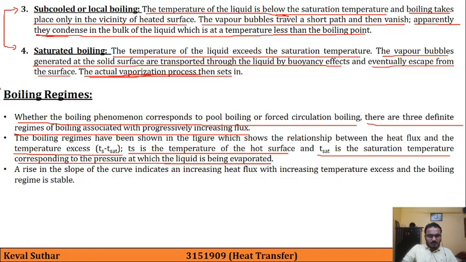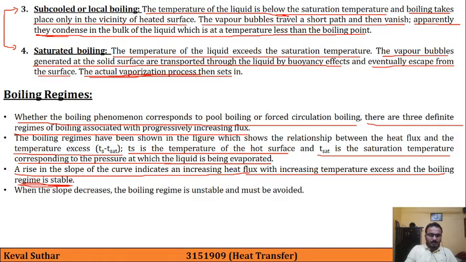A rise in the slope indicates increasing heat flux with increase in the temperature excess, and the boiling regime is stable. So when we are seeing a positive slope, the boiling regime is stable. However, when the slope decreases, the boiling regime is unstable and it must be avoided.